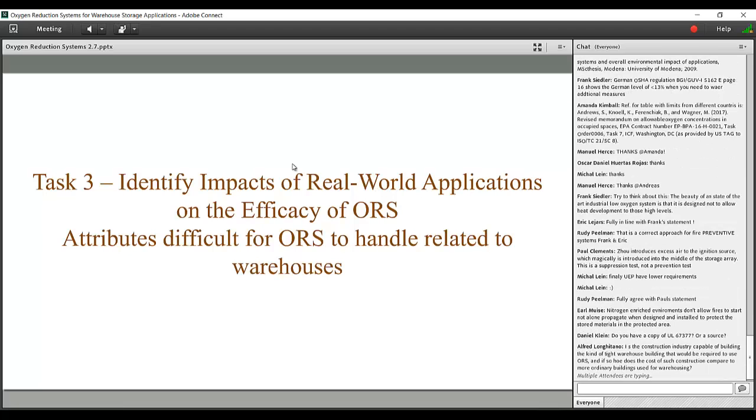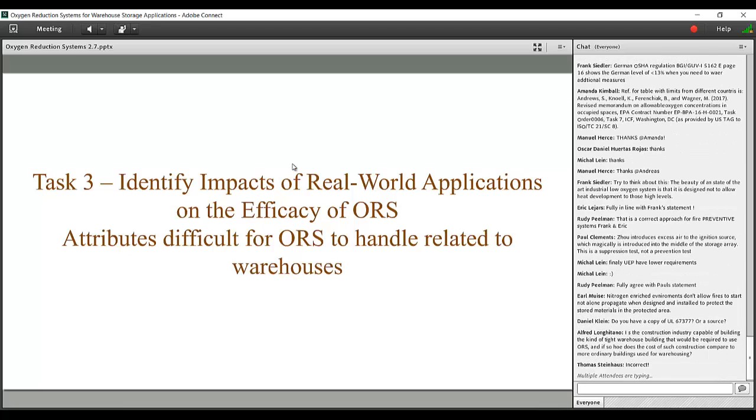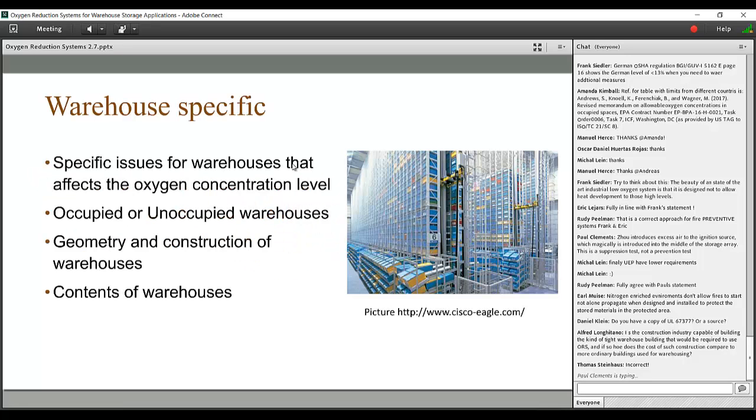The other aspect in task 3 is to think about what the environmental concerns are with the operation of warehouses that might be difficult to address.